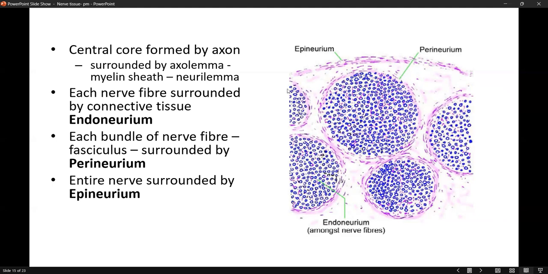When they are bound together by a bigger connective tissue covering, the epineurium, that forms a nerve. So the epineurium covers several bundles of perineuriums, within which you can see several small endoneuriums protecting each axon or fiber. This is how the peripheral nerve is structured.